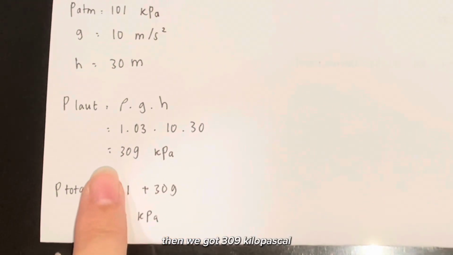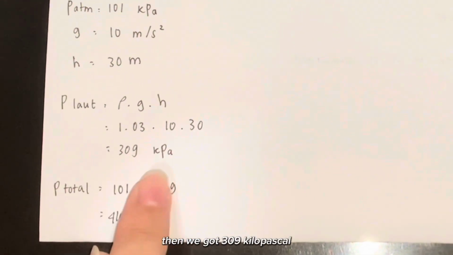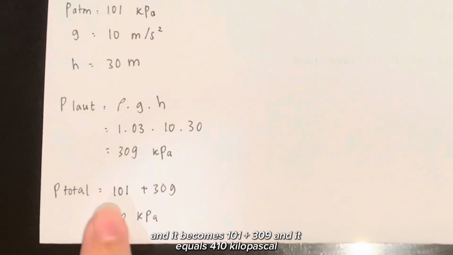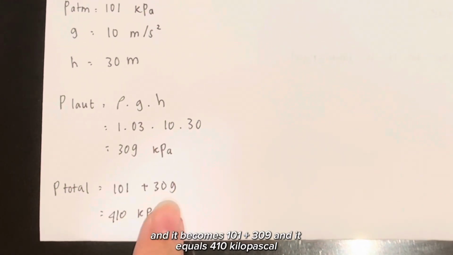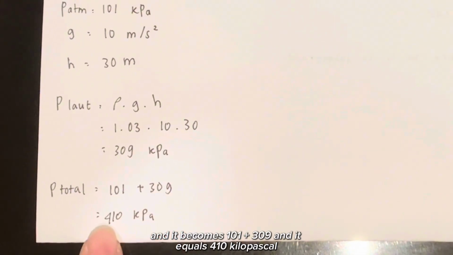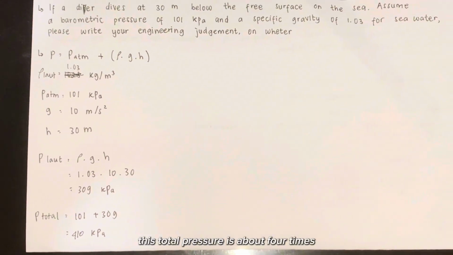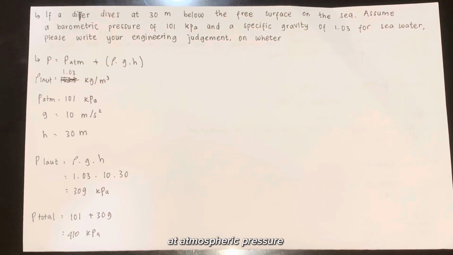Then we add the atmospheric pressure, 101 plus 309, which equals 410 kilopascals. This total pressure is about 4 times atmospheric pressure.